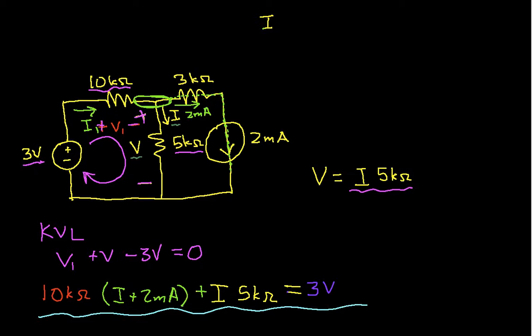So I can write this as 10K ohms times I plus 10K ohms times 2 milliamps. Okay, this is going to be 10 times 10 to the third ohms times 2 times 10 to the minus third amps, which will end up being 20 volts.